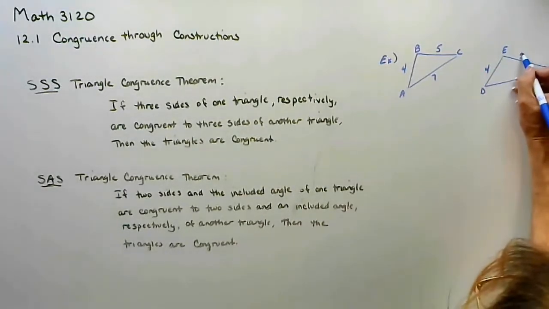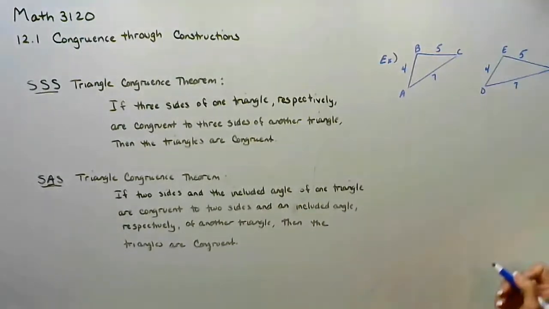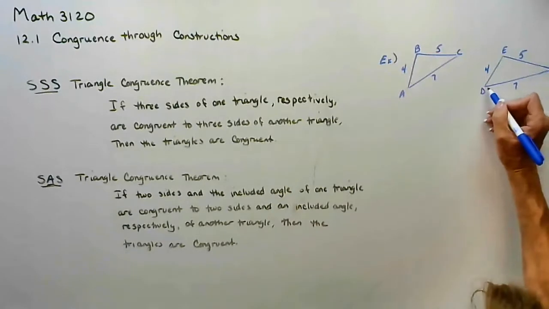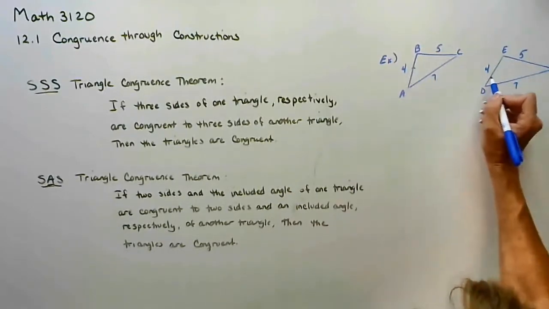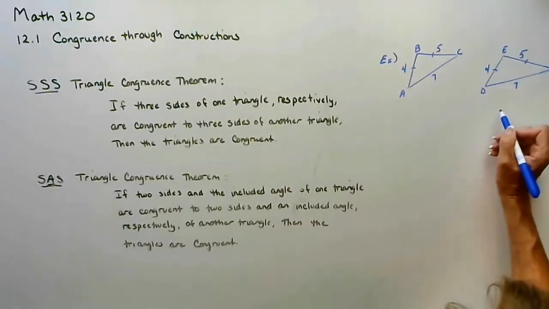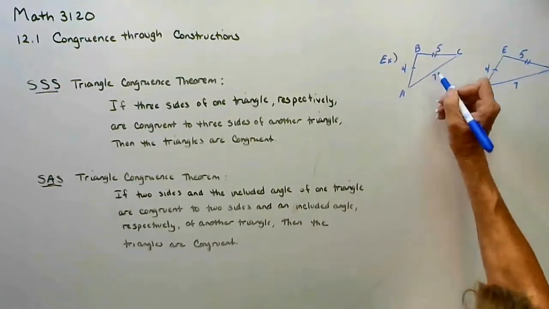And I give you the same measurements, the same length on another triangle. Well, I could use congruence marks and say, well, it sure looks like AB is the same as DE, so those are congruent. BC is the same as EF, so those are congruent.